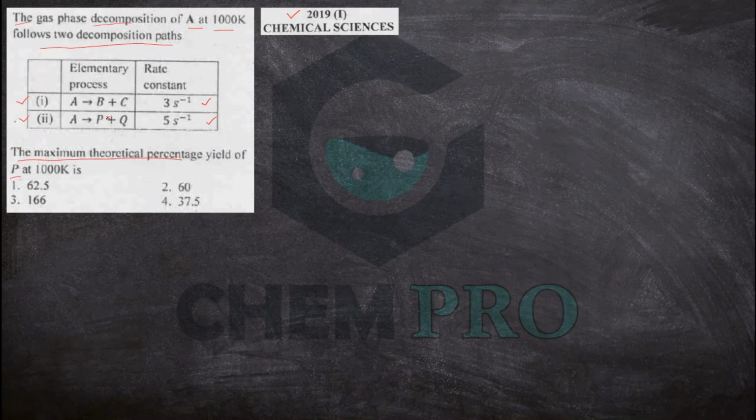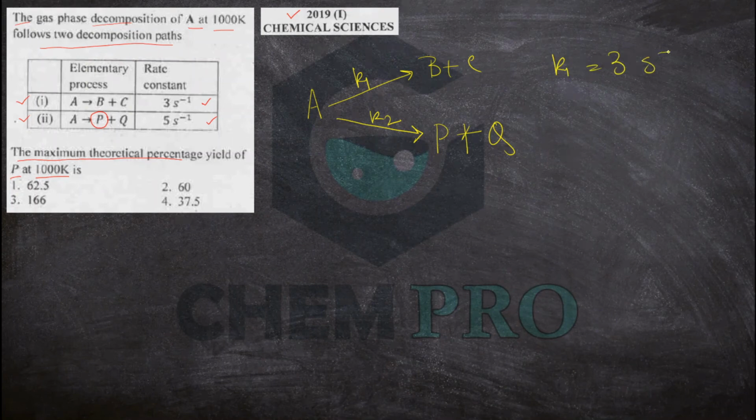Okay, so we have to calculate the maximum theoretical percentage yield for P at 1000 Kelvin. For that we have the reaction A to B plus C, and A to P plus Q. Here it is K1 and here it is K2, and it is given that K1 is 3 second inverse and K2 is 5 second inverse.